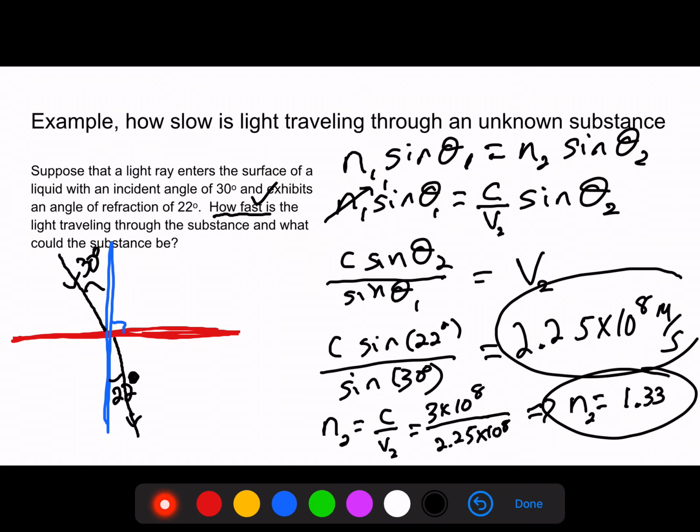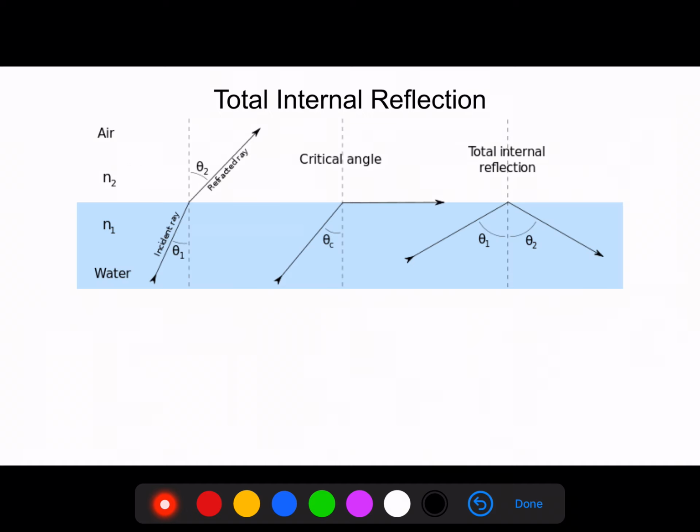All right, but you might wonder, how extreme could refraction actually be? How much can I make light bend? It's a good question. If you're dealing with some sort of interface at a fairly large angle, then the refracted angle can be even greater if you're going from a slow substance such as water into air.